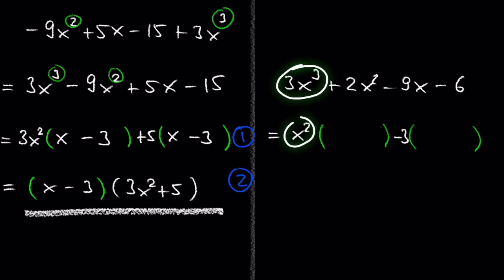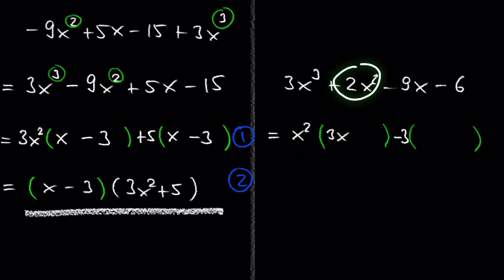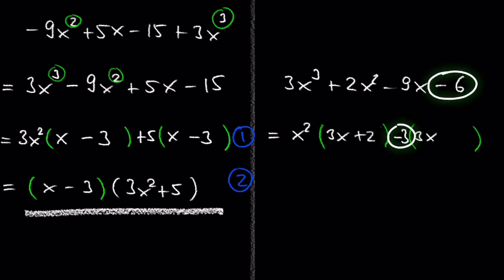3x cubed divided by x squared is 3x. 2x squared divided by x squared is 2. Negative 9x divided by negative 3 is 3x. And negative 6 divided by negative 3 is 2.